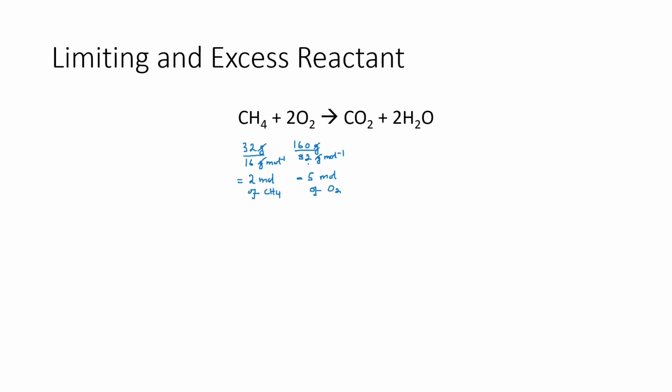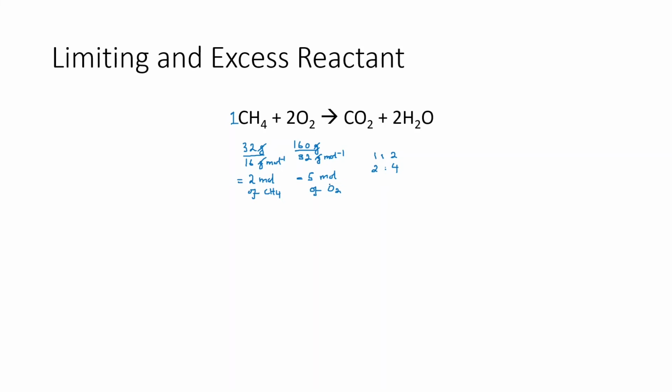Now, the molar ratio of these two reactants is basically 1 mole of methane to 2 moles of oxygen, right? So it is a 1 to 2 molar ratio. But over here, with the masses given, we get a 2 to 5 molar ratio. If we were to respect this 1 to 2 molar ratio given in the equation, then if we have 2 moles of CH4, it should be reacting with 4 moles of O2, but we have 5 moles of O2.